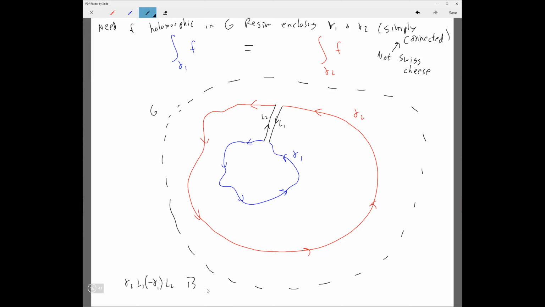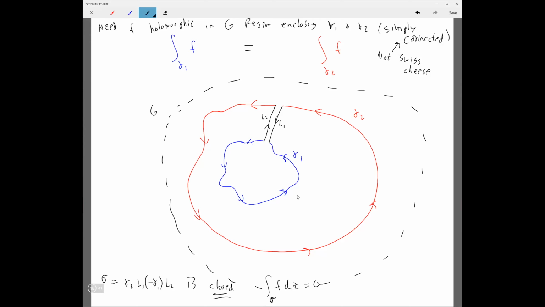This one is a closed curve. Okay, so the integral of F on that one, if we call that sigma, then the integral of F on sigma is going to be 0 because it's closed, and F is holomorphic in this region.